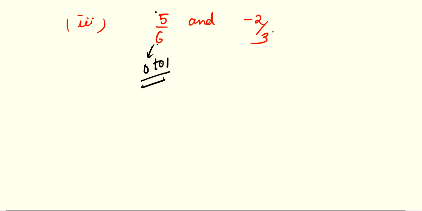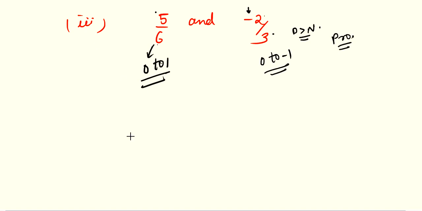Now on this side, 3 is the denominator, 2 is the numerator. 3 is greater than 2, so again this is a proper fraction, but a negative proper fraction here. So it will lie between 0 to minus 1.